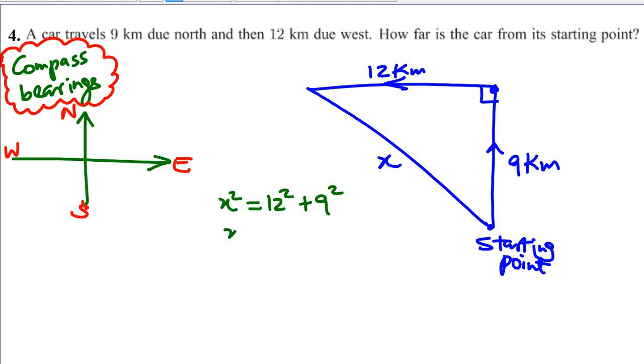So x squared will be 144 plus 81, that will be 225. So x will be the square root of 225, which will be 15, and it's 15 kilometers.